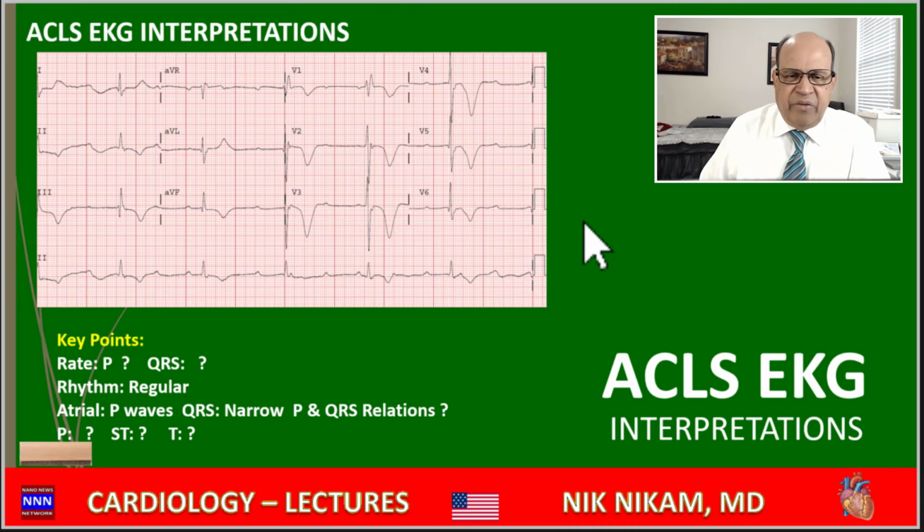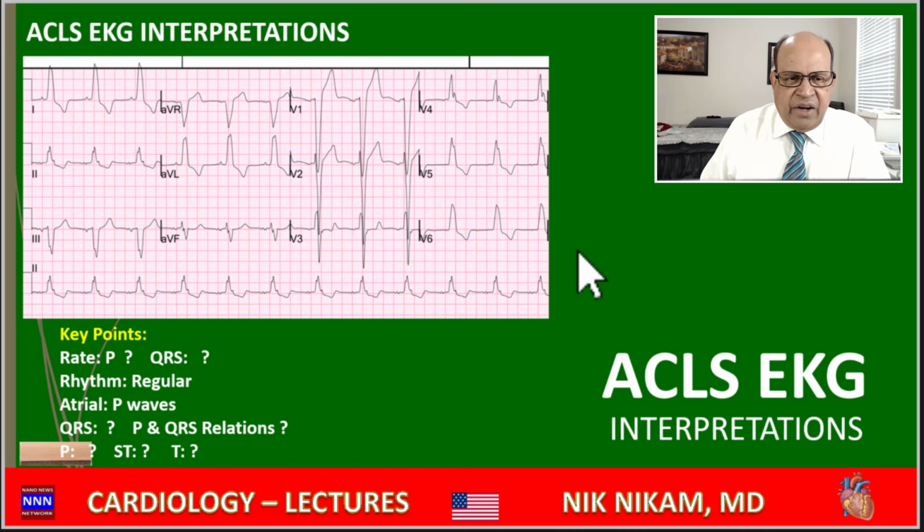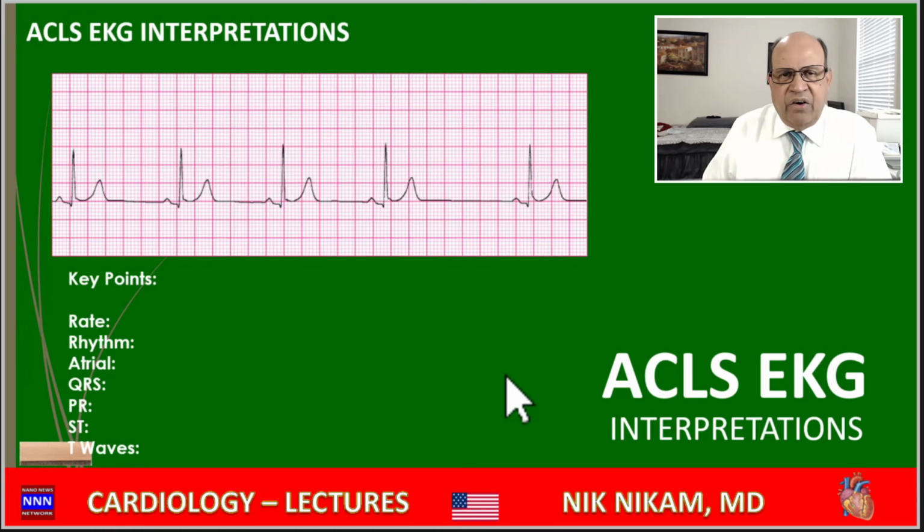So, ladies and gentlemen, there you got an entire array of electrocardiographic changes that we may come across in a patient during cardiac evaluation, and we need to learn all these things so that we will be most educated to deal with every possible situation.